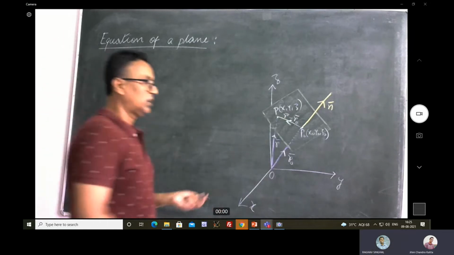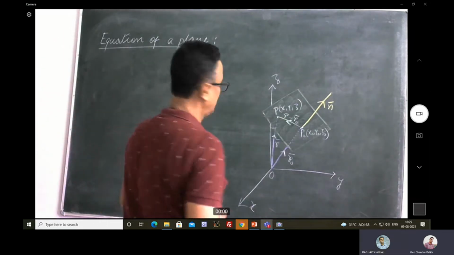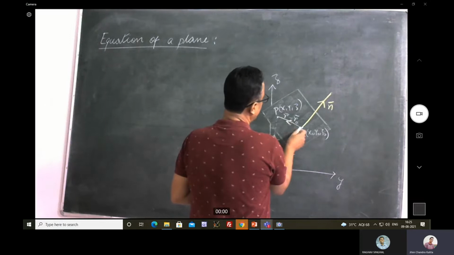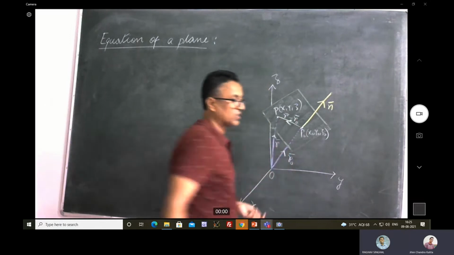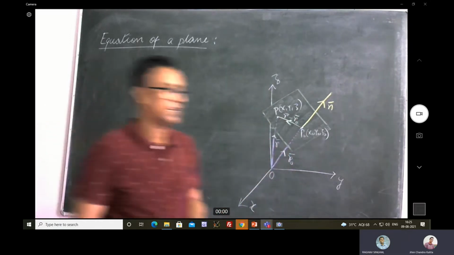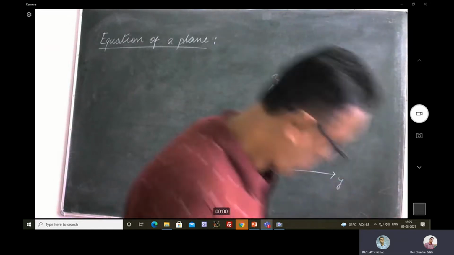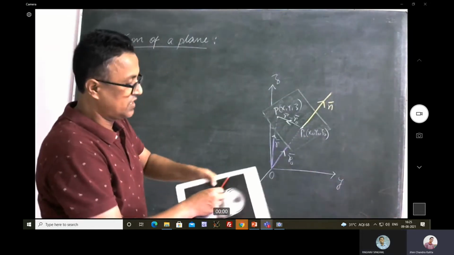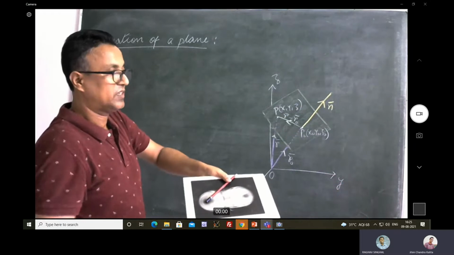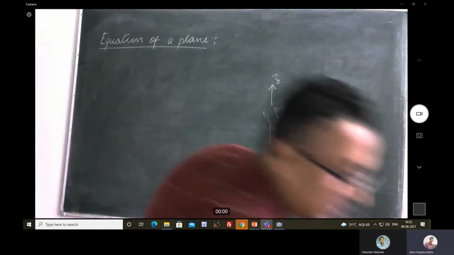Now from here you can see that r minus r naught is a vector lying on the plane, say this pencil is a vector lying on the plane.